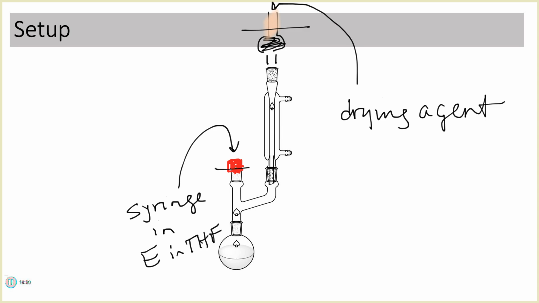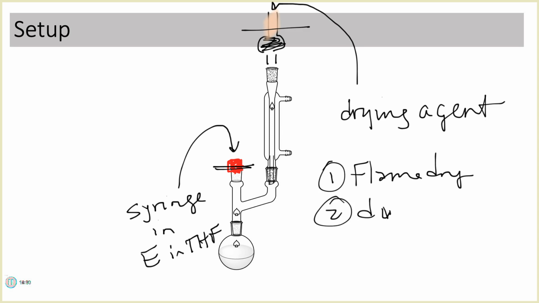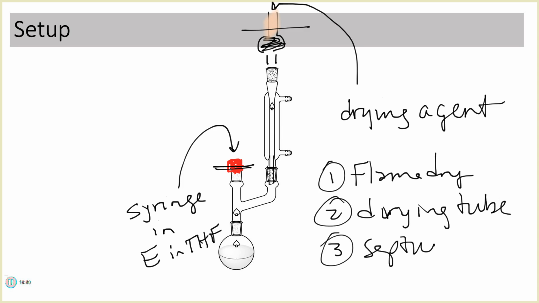So this is closed, and up here, the drying tube is not closed, but it has the drying agent that prevents any moisture from getting in. So, one, flame dry with a drying tube present and a septum, and then of course using our dry solvent, we've covered all the bases.